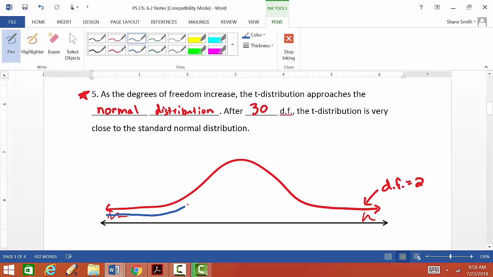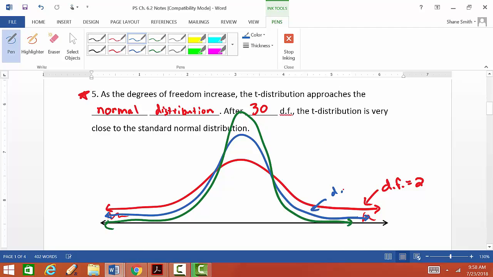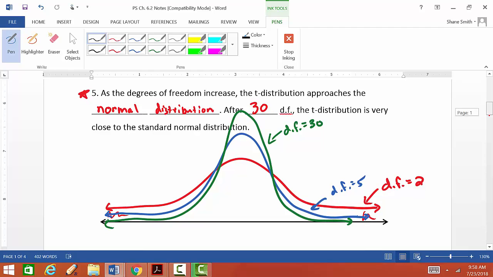But as my degrees of freedom increase, I get more area in the center and less area in the tails, until finally I have an almost perfect bell curve. So this might be, I don't know, 5 degrees of freedom, and then finally after about 30 degrees of freedom, you're at an almost perfect normal distribution. And if you want, you can look in your book. There's a better picture of this in section 6.2.